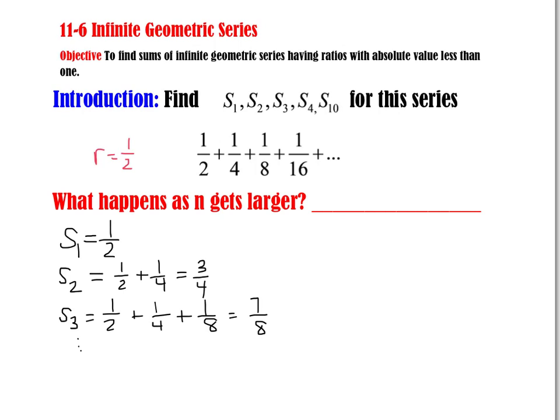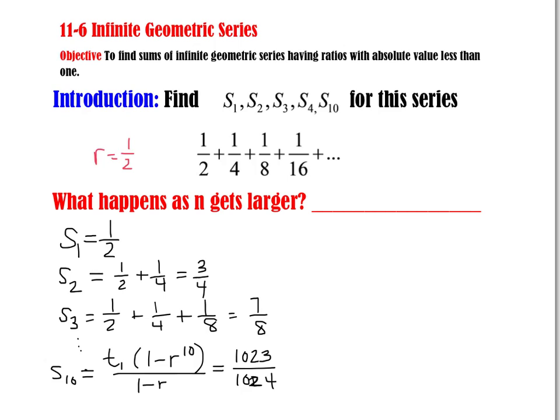Let's skip ahead here. Let's do the sum up until 10. For this, I'm going to use the formula because I don't want to have to find all the first 10 terms. I'm not going to show all my work here because we've done this in previous lessons. But if we did this, we would get 1,023 over 1,024.